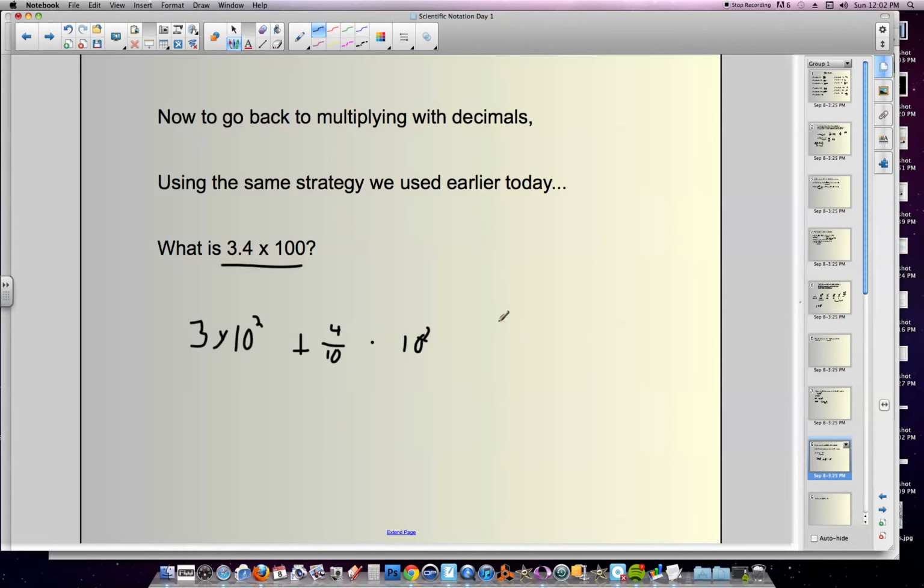What's 4 times 10 squared? That's 400 over 10. Well, when we're dividing by 10, we just move everything over to the right one, or get rid of one of those zeros. So we really have 300 plus 40. 4 over 10 times 100, that equals 40. So 340.